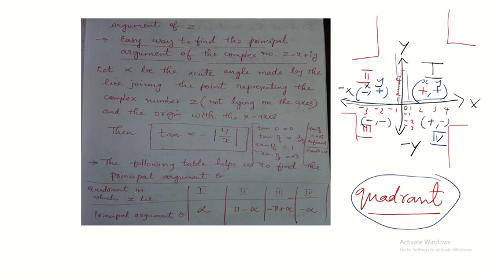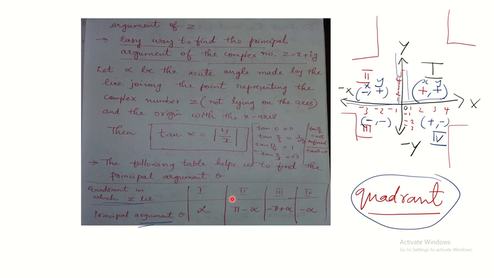So here we have the quadrant in which z lies. In the first quadrant, the principal argument theta is alpha. How to find alpha? Tan alpha is equal to modulus of y divided by x. In the second quadrant, theta is pi minus alpha. Alpha you get from the previous step, and you subtract it from pi. In the third quadrant, minus pi plus alpha. In the fourth quadrant, minus alpha. This table is very important.